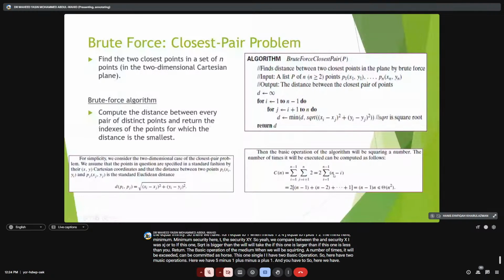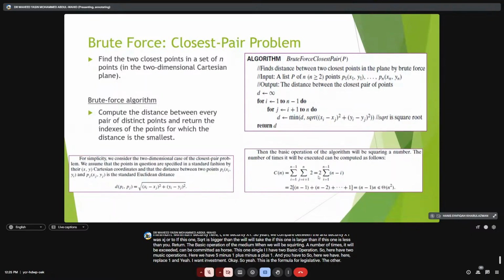So here we replace j equal i plus 1 to n. Here i equal 1 to n minus 1. Okay. So here this is the formula for closest pair.